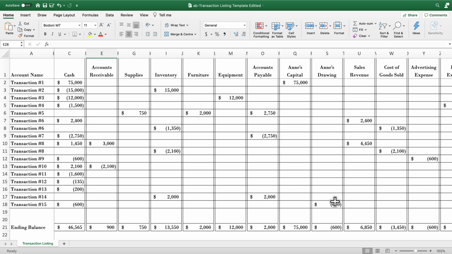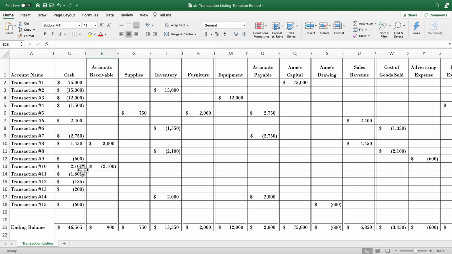So that's why we decrease when we do an expense or a draw, and cost of goods fall under the expense category. So we have our debit of $600 advertising expense, and then we have our credit of the cash going out of the cash account of $600.